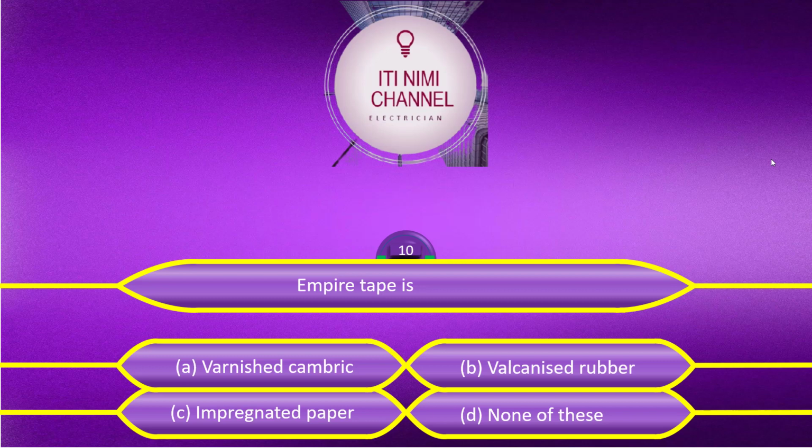Empire tape is a varnished cambric, vulcanized rubber, impregnated paper, none of these. The answer is varnished cambric.